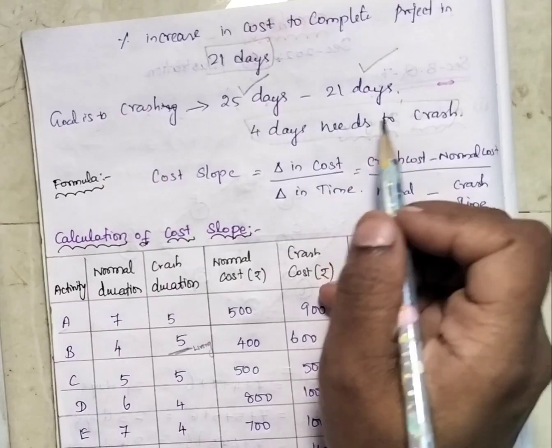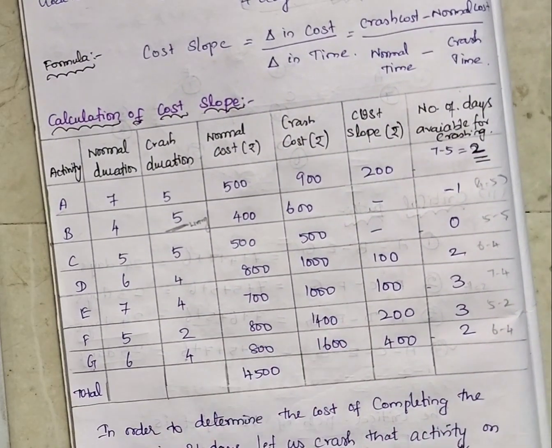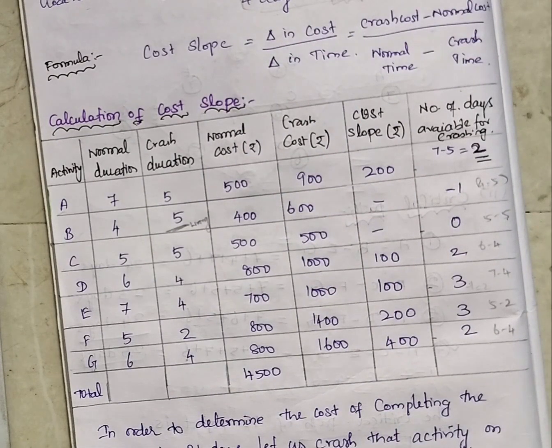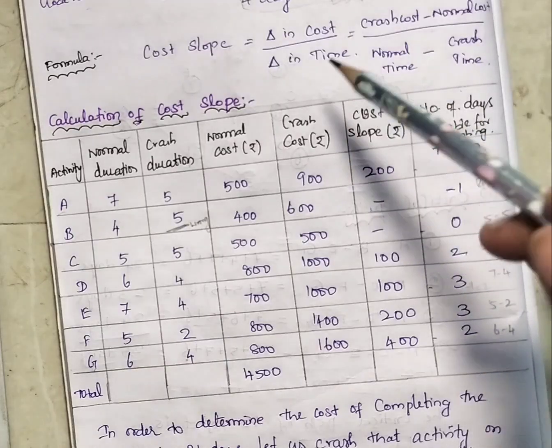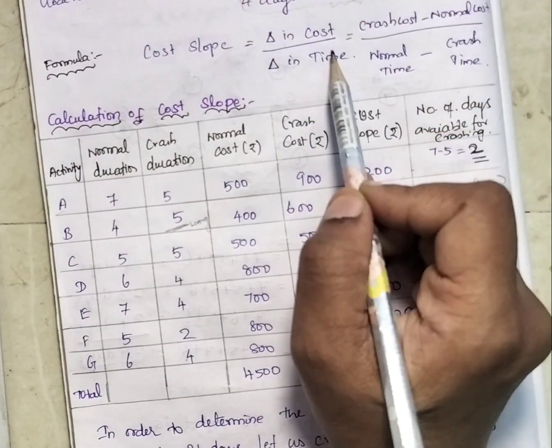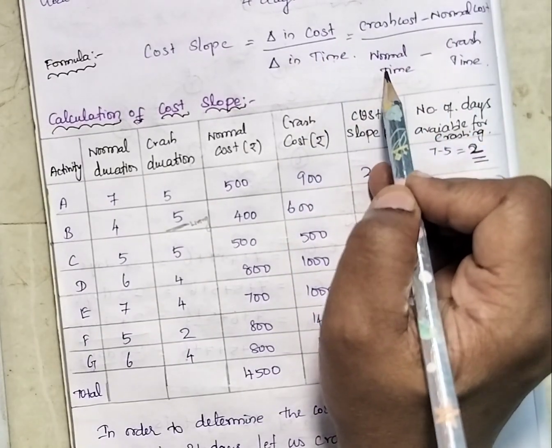So for that, what are all the things we have to do? First one is the cost slope. The formula for cost slope is the change in cost divided by change in time. Change in cost is crash cost minus normal cost, divided by normal time minus crash time.